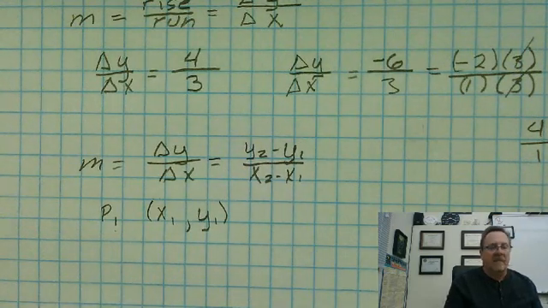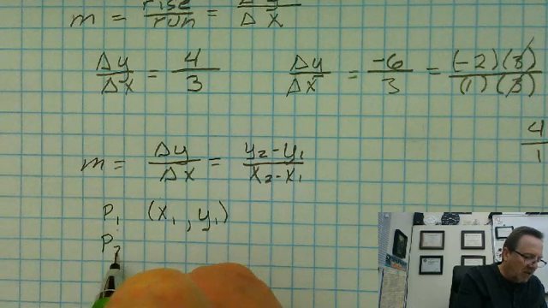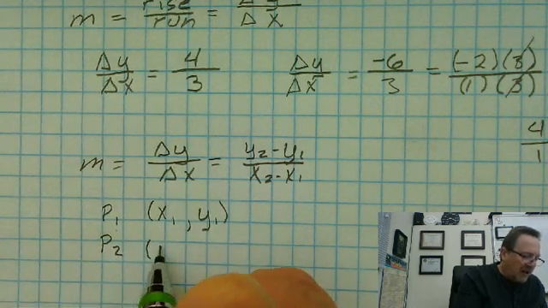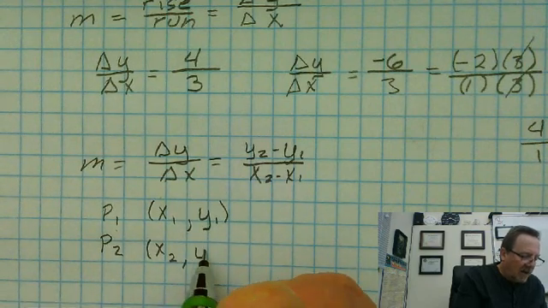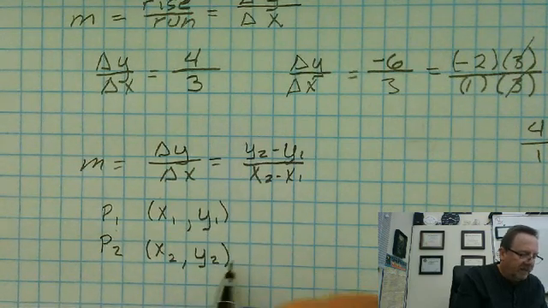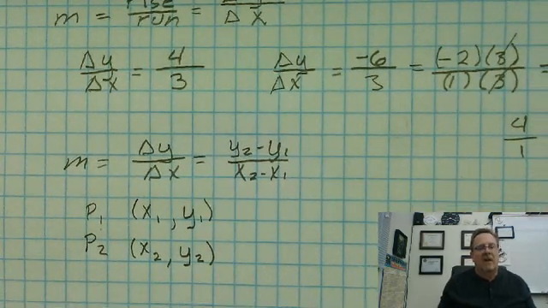All right? And I could pick a second point and call it point 2, in which case I could call its x value x2 and its y value y2.